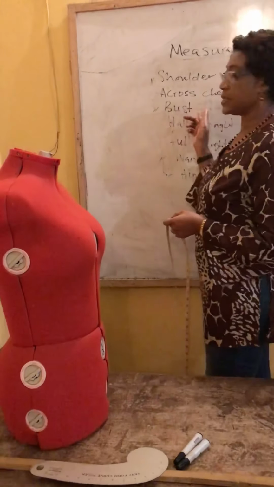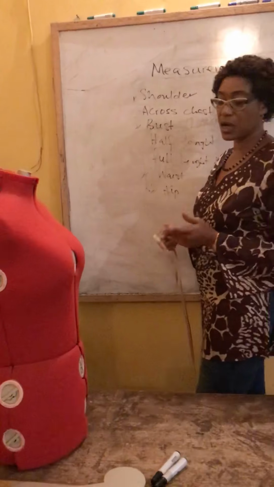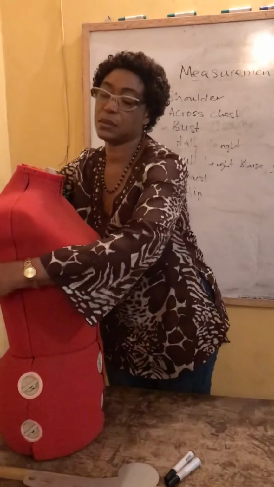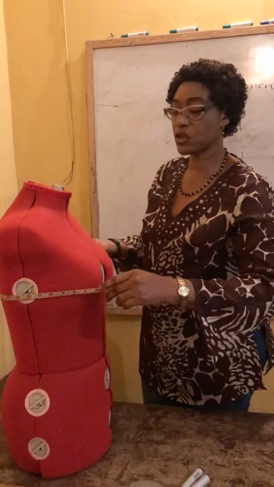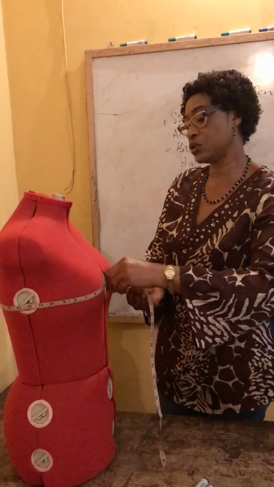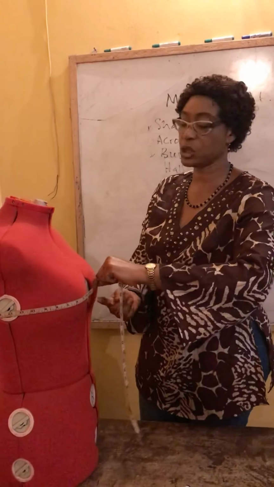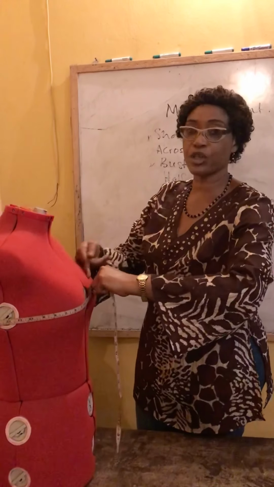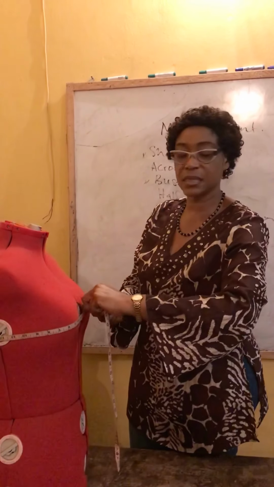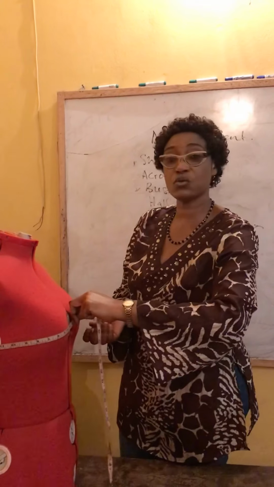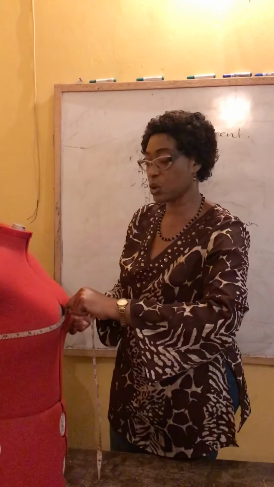The next one I said is the bust line. How do we take the bust measurements? You place your tape rule round your client. Make sure you have one finger behind the tape rule, between it and the body of your client. That gives you a better and accurate measurement.